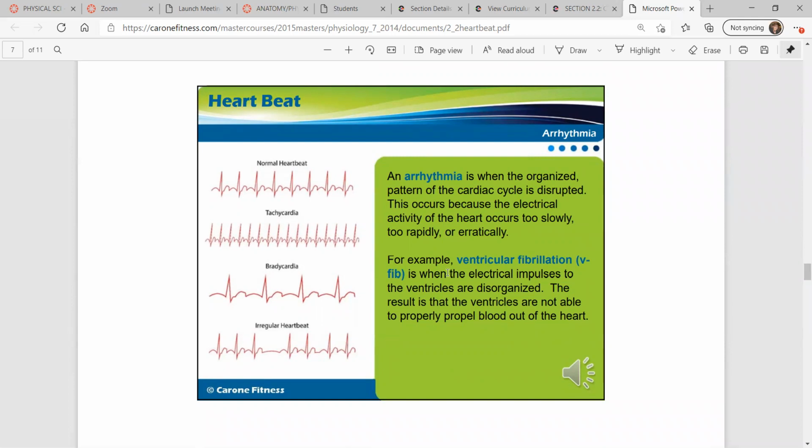So for example, ventricular fibrillation is when the electrical impulses to the ventricles are disorganized. And that results in the ventricles not being able to properly propel blood out of your heart.